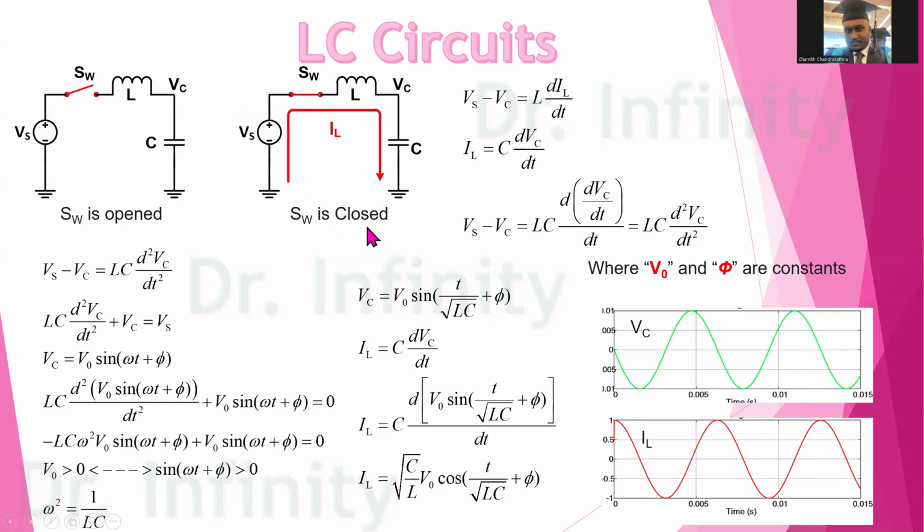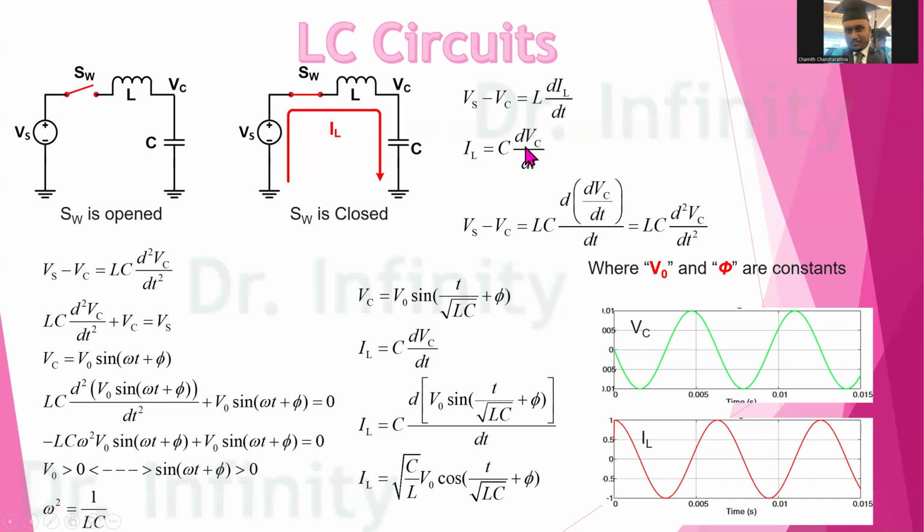Once the switch is closed, there is a current, IL current, that can pass through the circuit while charging this capacitor. Then we can obtain the voltage across the inductor, which is given by Vs minus VC equals L dIL over dt. And also we can obtain the accumulating current into the capacitor, which is given by IL equals C dVc over dt.